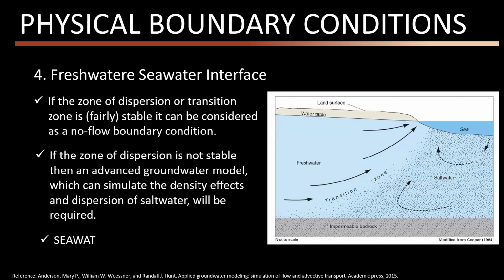The fourth common physical boundary condition is the freshwater seawater interface. As you see in this picture, this is the sea and this is the fresh groundwater. Technically the groundwater moves like this and eventually hits a saltwater system like this.